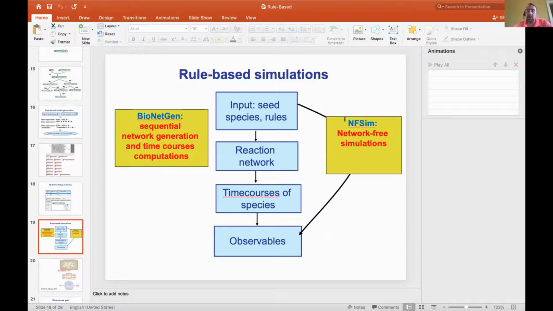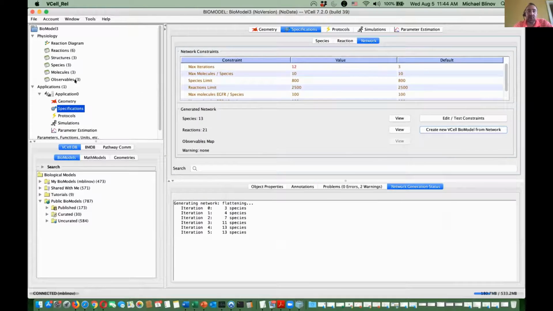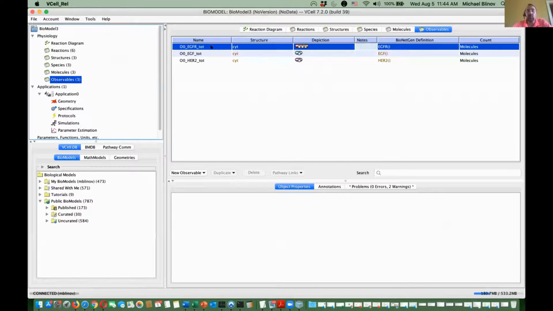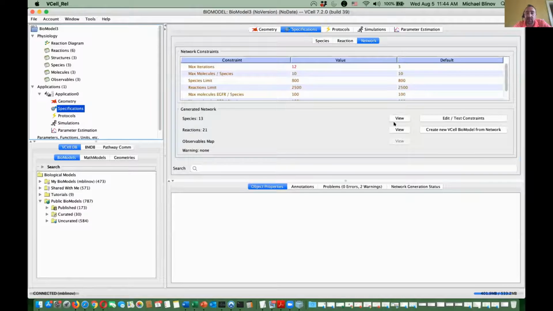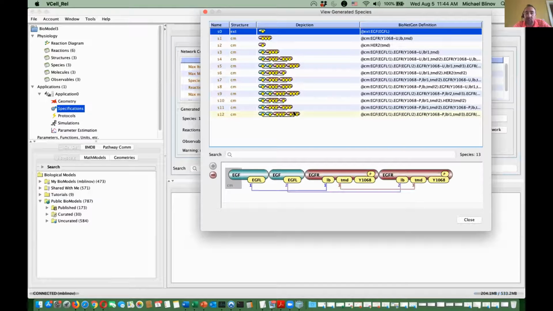Now, sometimes, as I told you in use cases, your system will be infinite. So in this case, there is no way to generate the network. And what do we do in this case? I didn't cover observables. Observables is a very important feature of rule-based modeling, because even if you have 13 species, or 1300 species, going through each of them and making sense of it is hard.